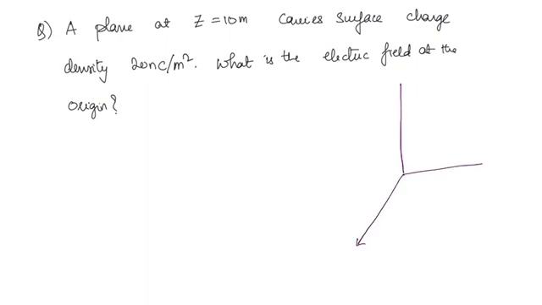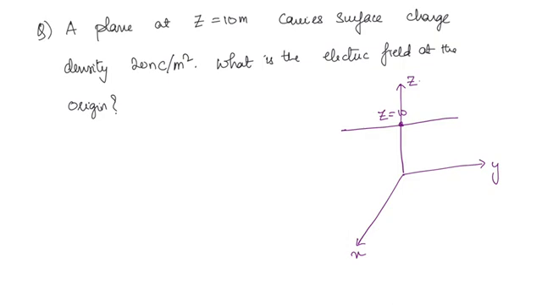If you take the Cartesian coordinate system, this is x, y, z. So z equal to 10 means the plane which is parallel to the xy plane at z equal to 10.